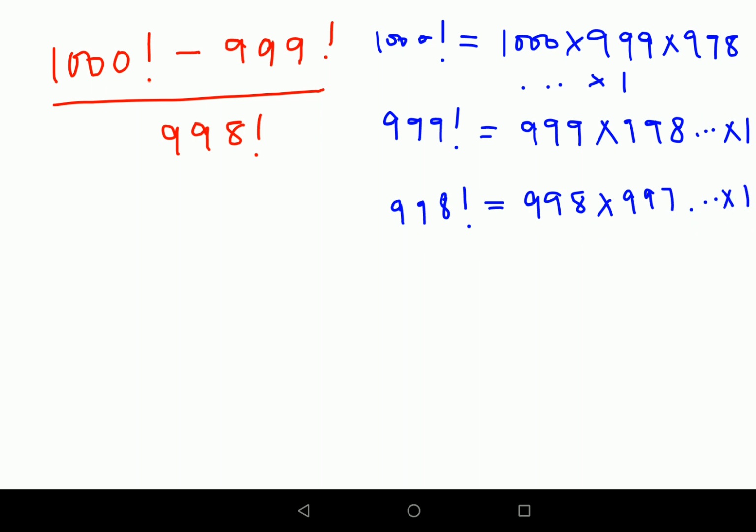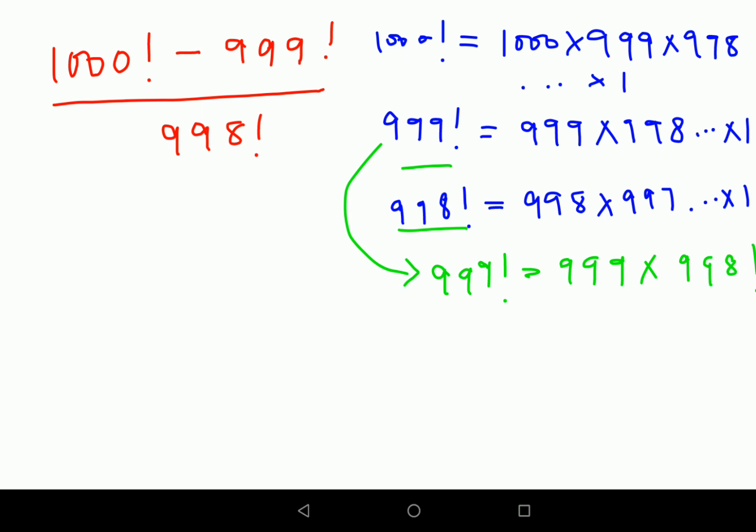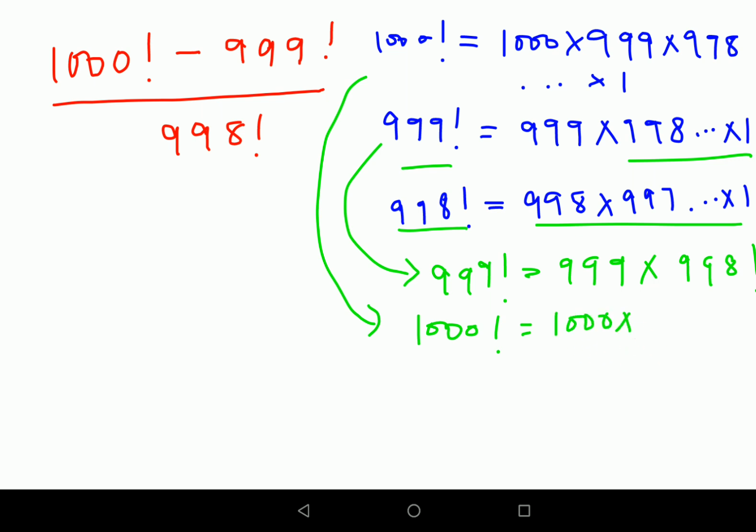Now, if you look closely, I can write 999 factorial as nothing but 999 into 998 factorial, right? Because this and this are exactly the same. Similarly, I can write 1000 factorial as nothing but 1000 into 999 factorial. Correct, because here also this entire value is the same.